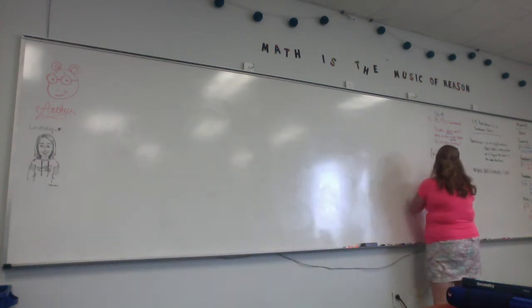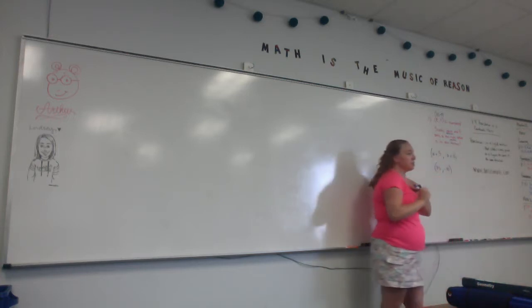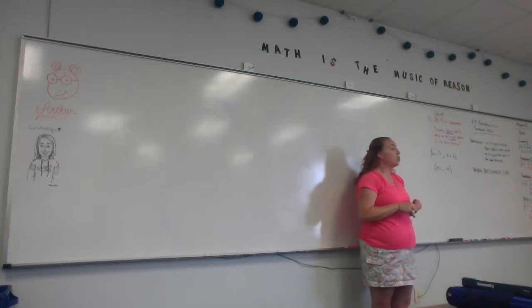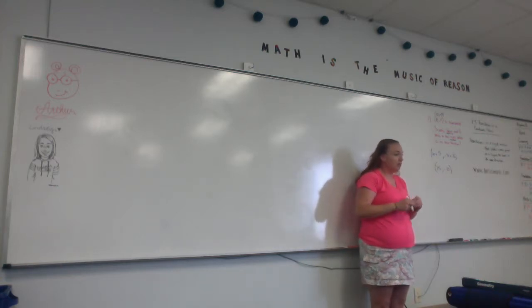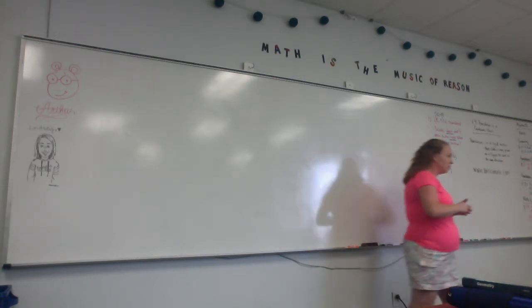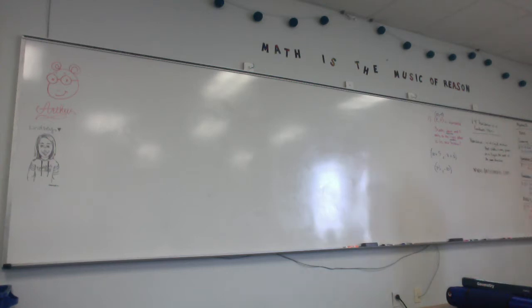Plus. So my new translated point is 15, -10. Do you see how that works mathematically? So when you're translating something, you're just adding and subtracting to the x and y. If they want you to do it algebraically, that's how you do it algebraically. Does that make sense? Are we okay with that?